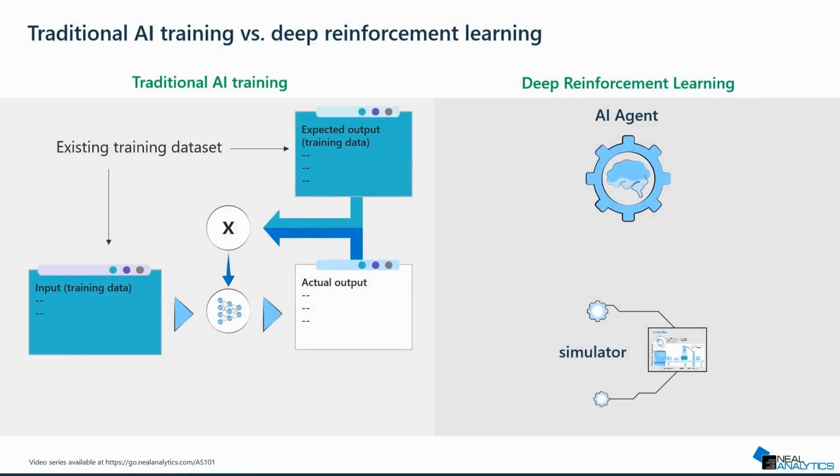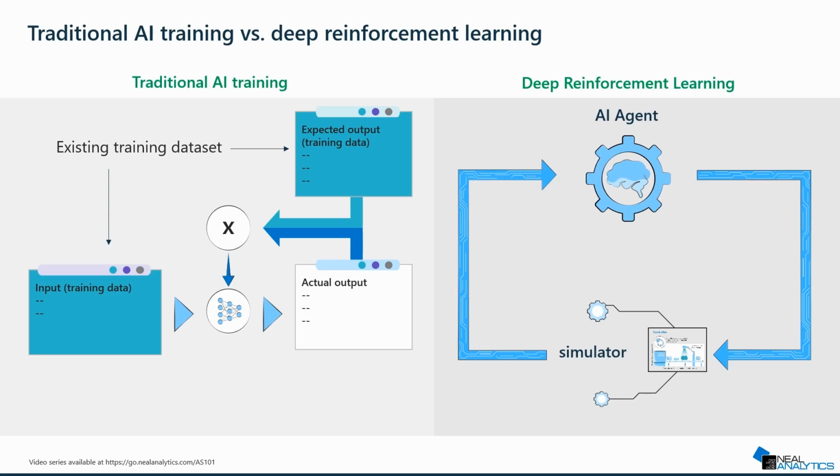With deep reinforcement learning, the AI agent, i.e. the deep neural network, will send commands to the simulator and measure its output. Using the difference between the expected and actual simulator output, the agent will then self-modify its parameters and try again.